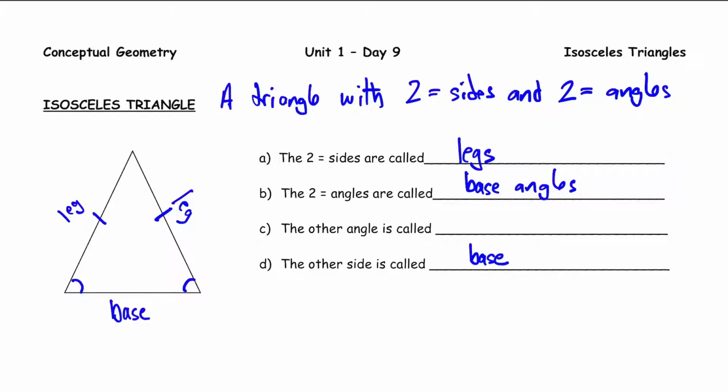And the top is called the vertex. So the other angle is called the vertex angle. Okay, so it's a pretty simple concept. These two sides are equal, and these two angles are equal. All right.